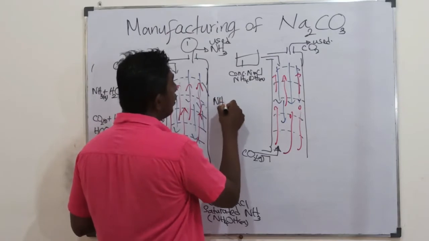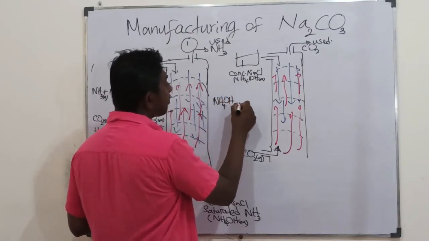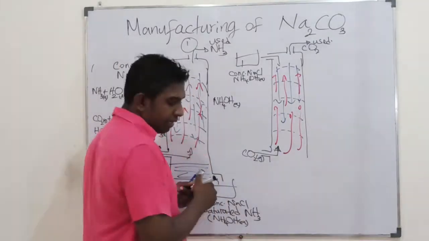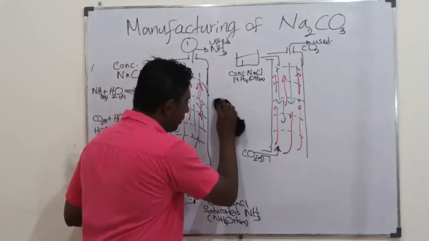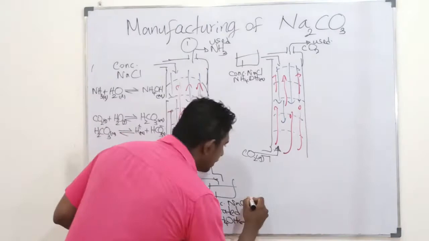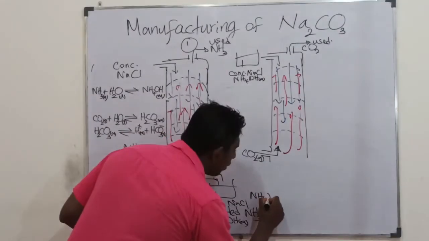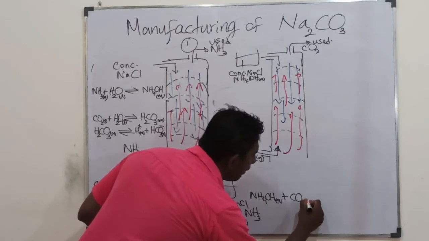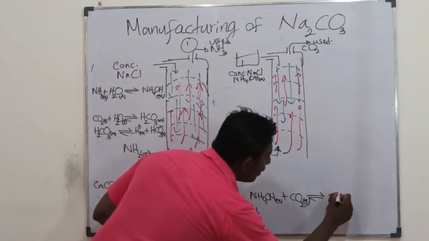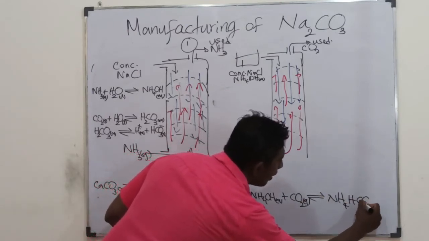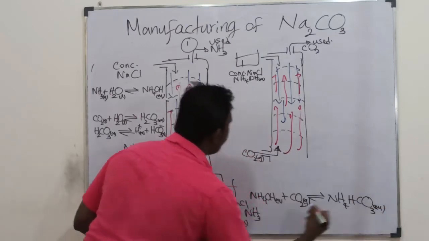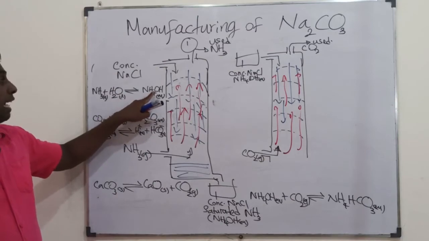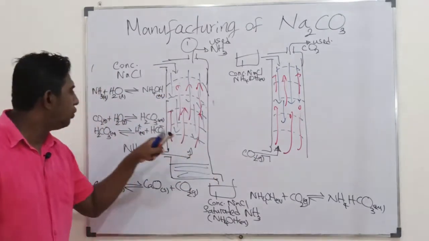Ammonium hydroxide would combine with carbon dioxide, giving you ammonium bicarbonate, because you have NH4+ after OH- leaves to react with this H+.